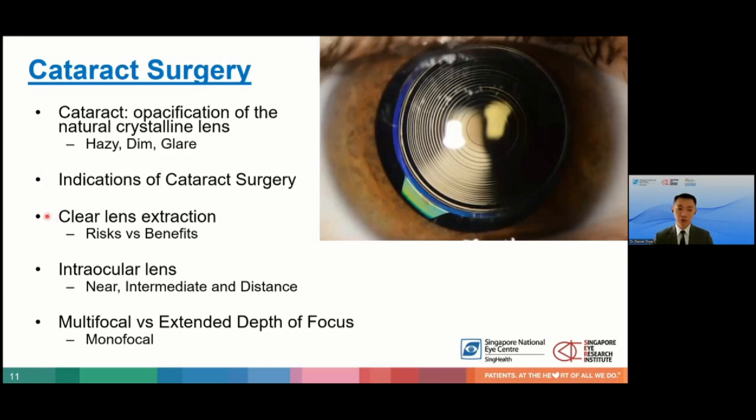So there are also questions about clear lens extraction, meaning we basically remove the natural lens and then implant an artificial lens, or what we call a pseudophakic lens.